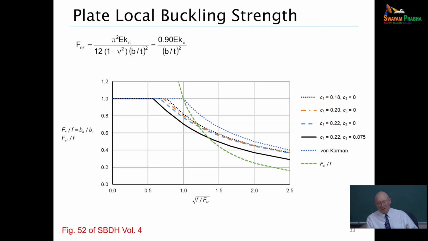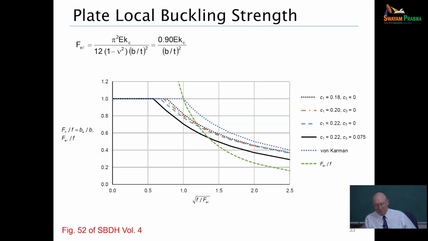And then the vertical axis is the ratio of the overall capacity Fn on the gross area to F, which would be equal to the ratio of the effective width to the total width.